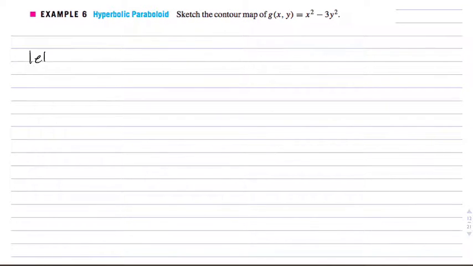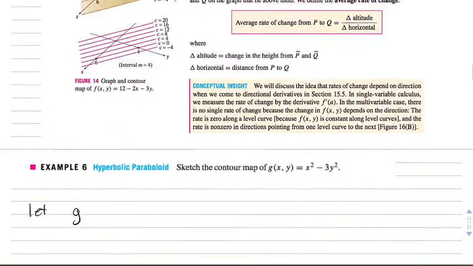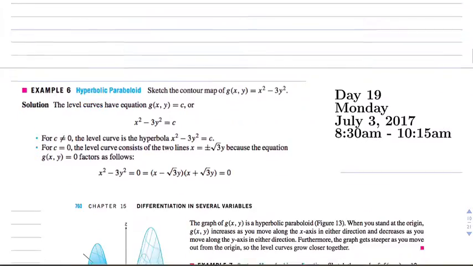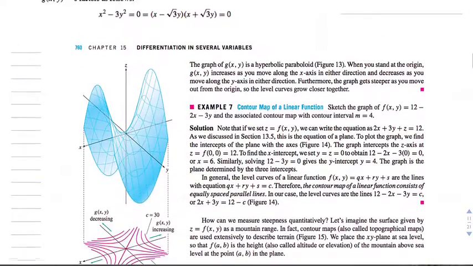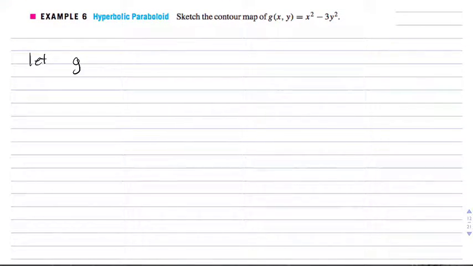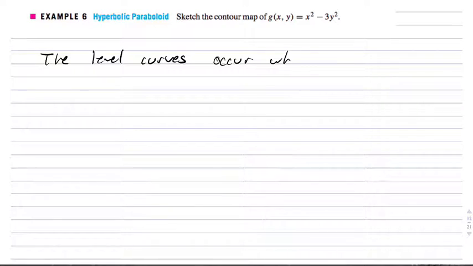All right. So the level curves occur when our g of x comma y is equal to some constant.